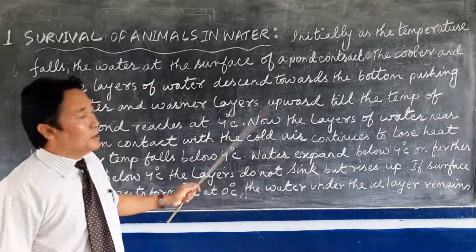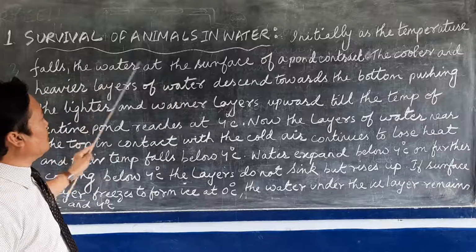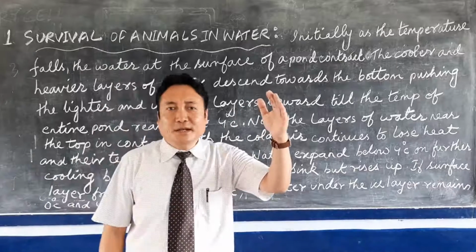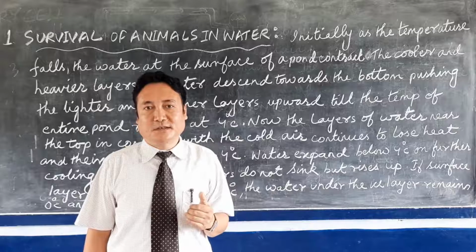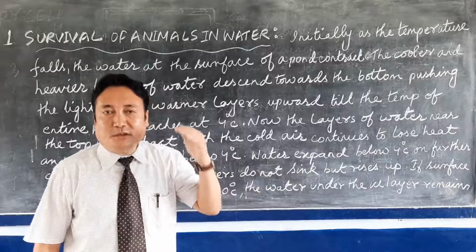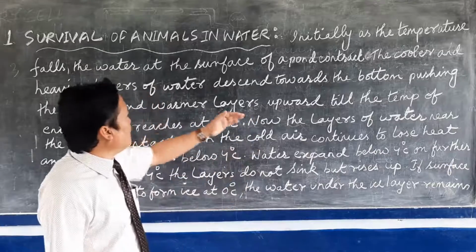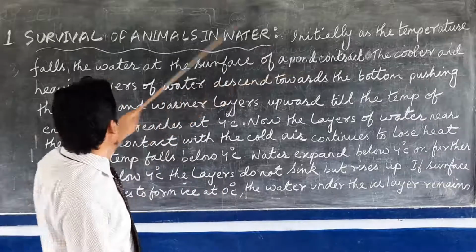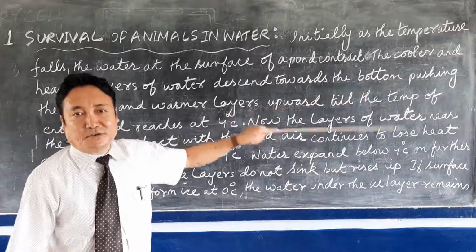Initially the temperature falls. As the temperature falls, water at the surface of the pond contracts. That means when the temperature goes below 0 degrees Celsius, the water on the surface of the pond or lake contracts.